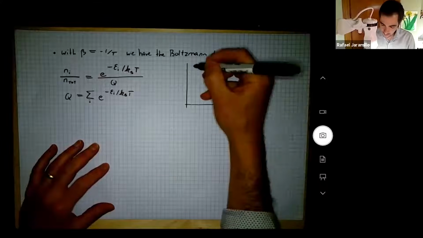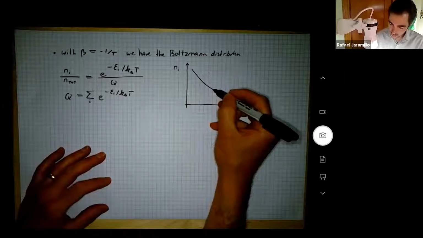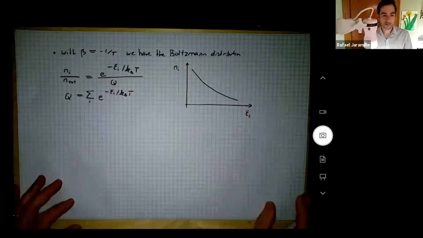So state energy epsilon i, occupation N i, right? It's a falling exponential function.